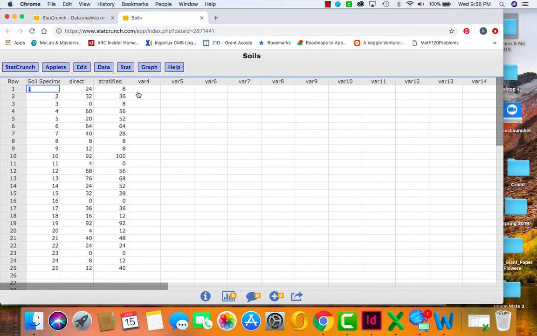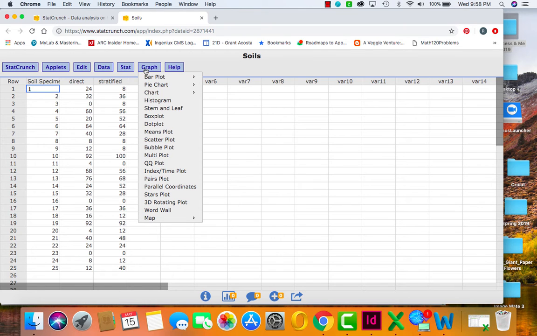And so, what you were supposed to do is find the histogram for these as well as the average of the differences.